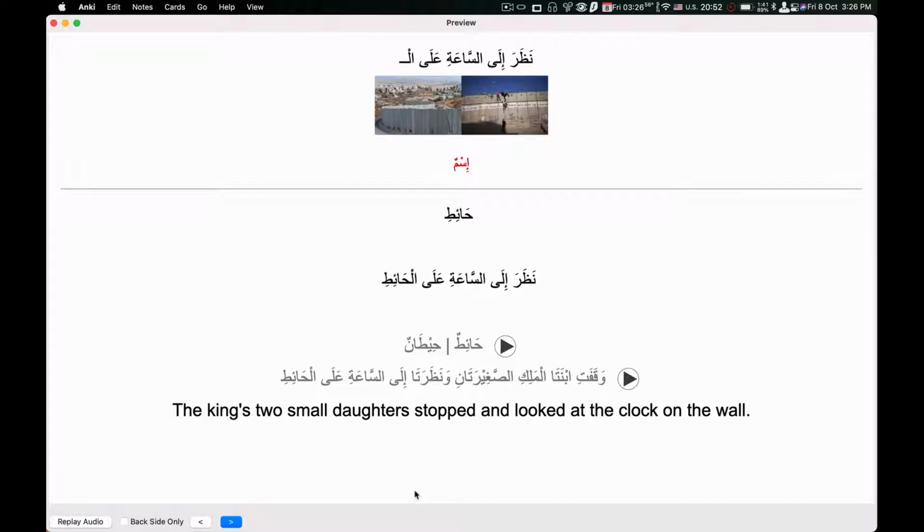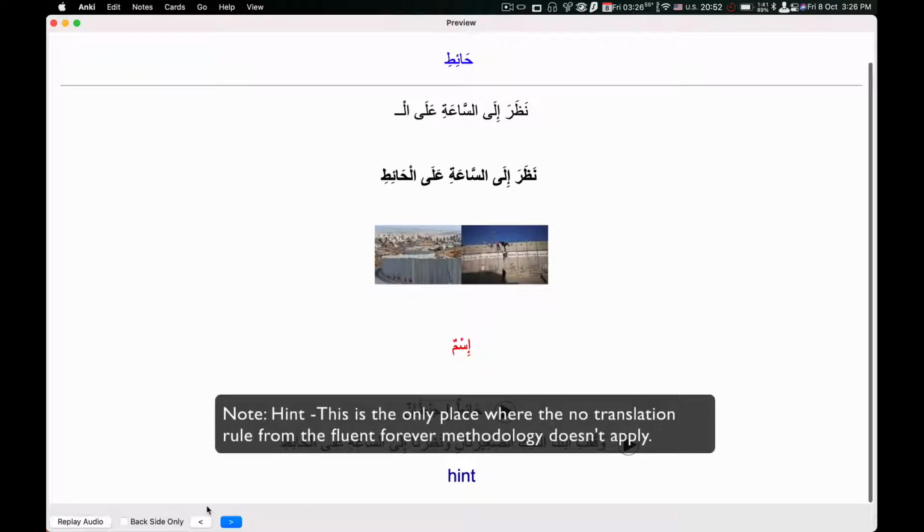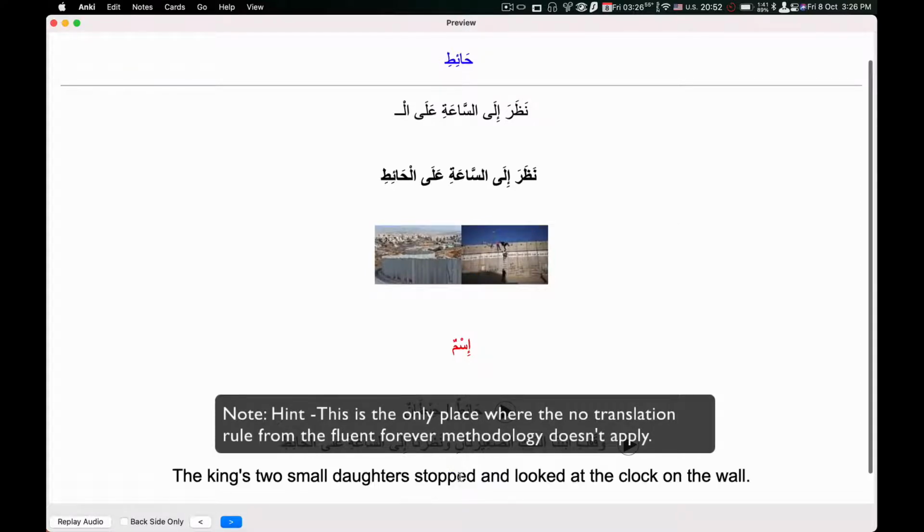As you notice, I have a hint card, and this is the only place where the no-translation rule from the Fluent Forever methodology doesn't apply, because in the past I've struggled to remember the meaning of the Arabic sentences.